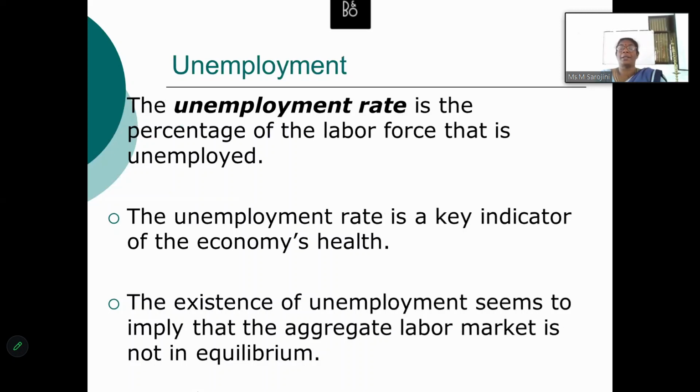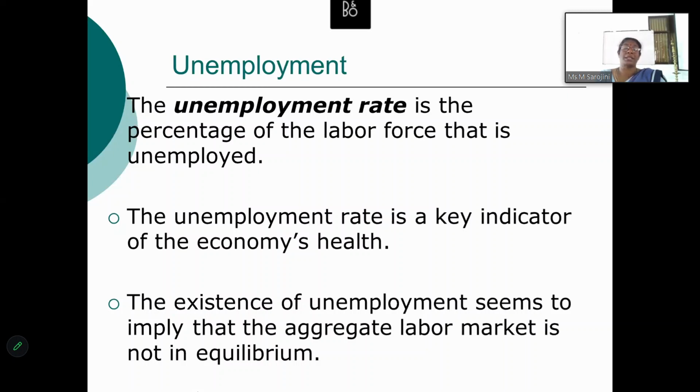Still, they are seeking jobs or employment opportunities. That is what we call unemployment. The unemployment rate is a key indicator of the economy's health. If there is higher unemployment, what happens?